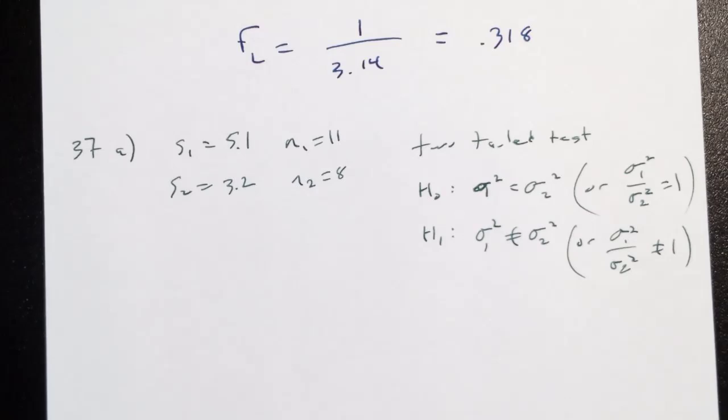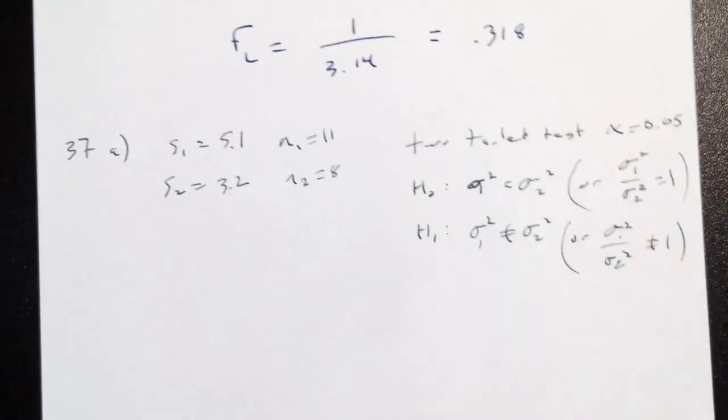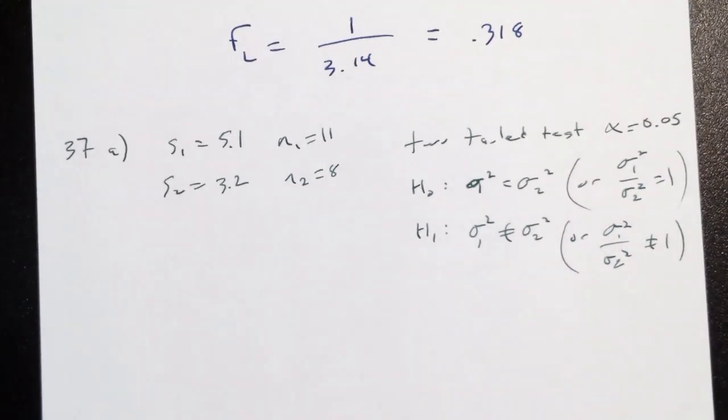What's it say in the textbook? Because I didn't write that down. I was an idiot. Oh, it says in the root of the problem, use alpha equals 0.05 for all tests. So I'm going to put that up here. There we go. Now I have that.